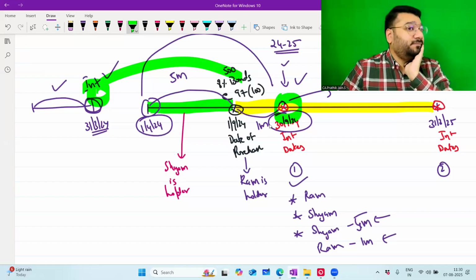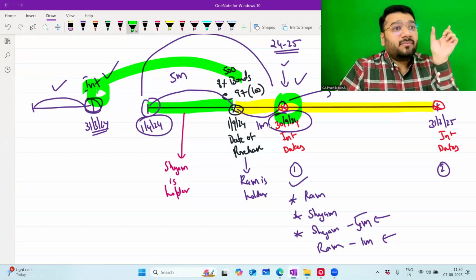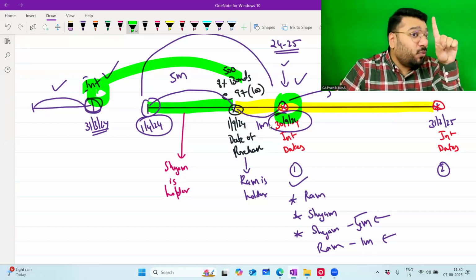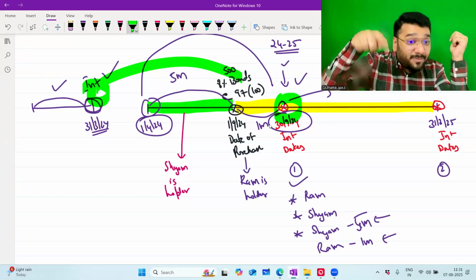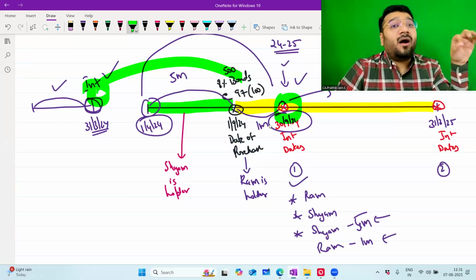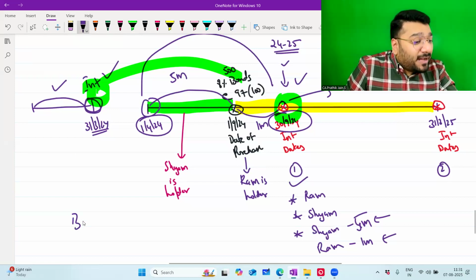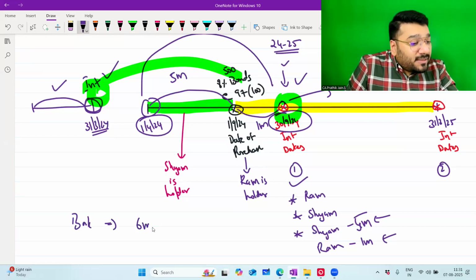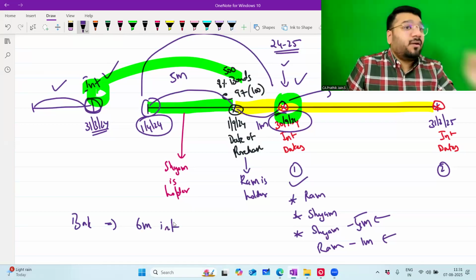But Ram, in the 6 months period, has contributed the investment only for 1 month. He has helped the company only for 1 month, whereas Sham has held for 5 months. But on 30 September, you are telling the entire 6 months interest will come to whom? Ram. So Ram is going to get in his bank account 6 months interest, whereas actual money belonging to him is only for 1 month.